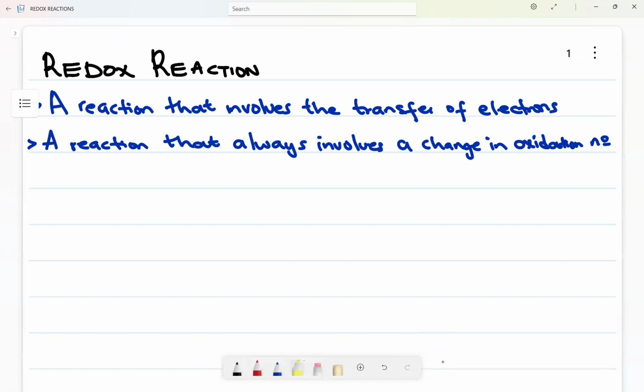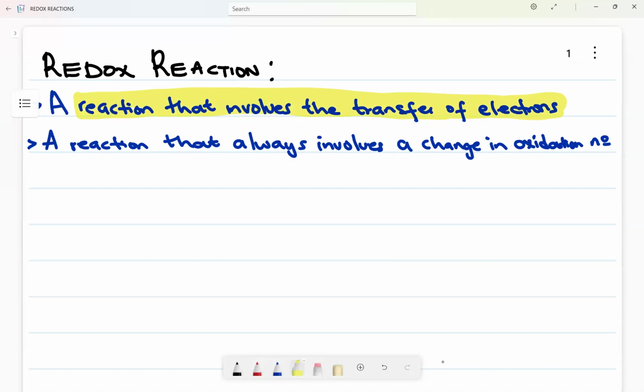What is redox reaction? Per definition, a redox reaction is a reaction that involves the transfer of electrons. This is the definition that I like most when you explain what a redox reaction is.